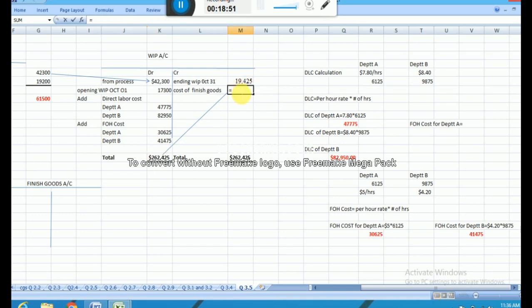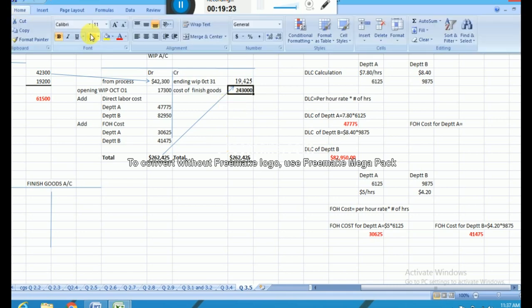So what do we get? Look at it. 2,62,425 minus 19,425 gives 2,43,000 finished goods we produced during the current month.